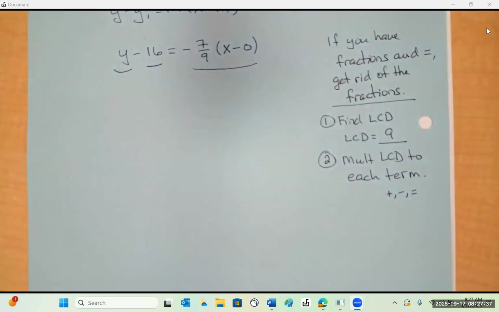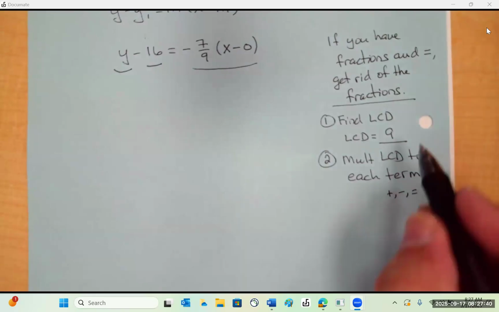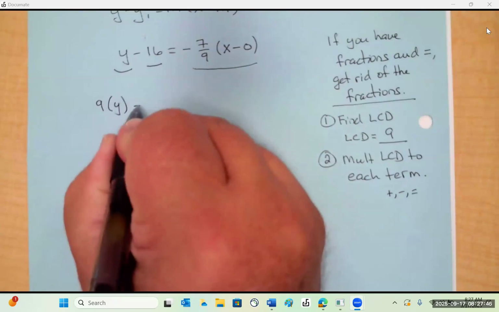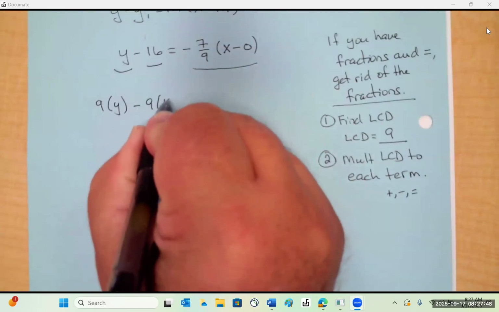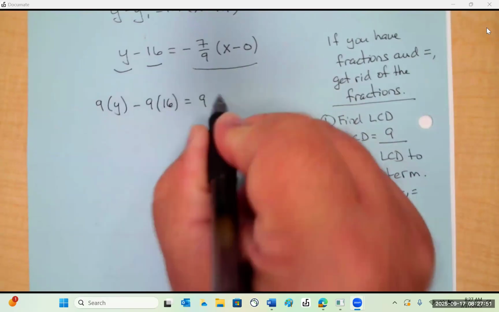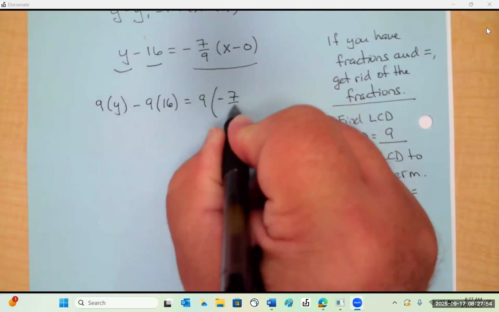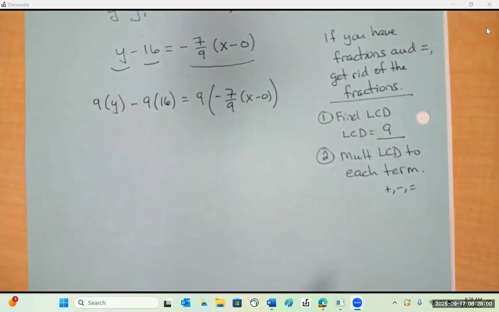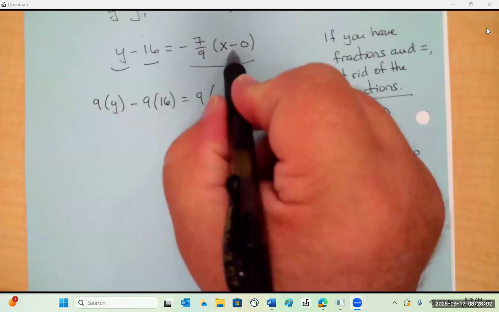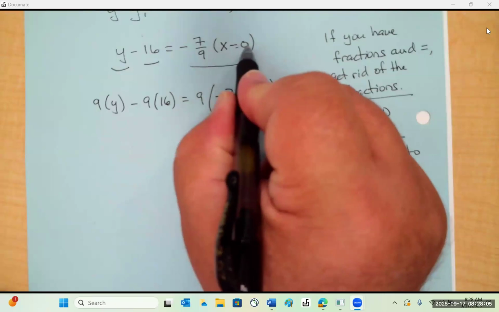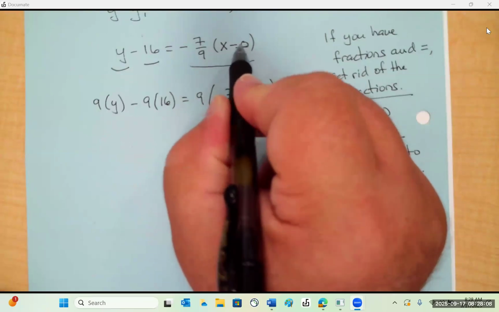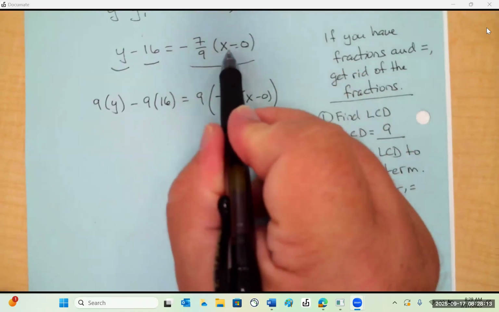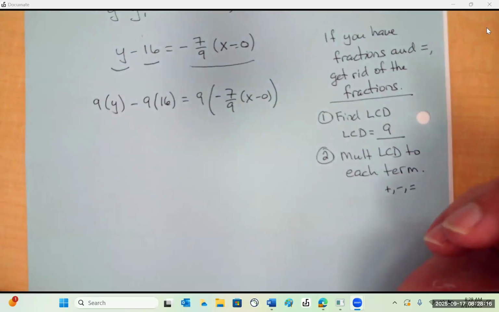So we have 3 terms. So we take 9 and multiply it to each term. Well, what is x minus 0? It's just x.